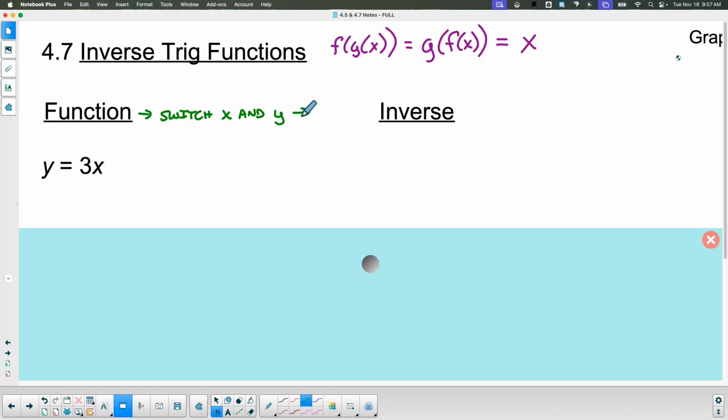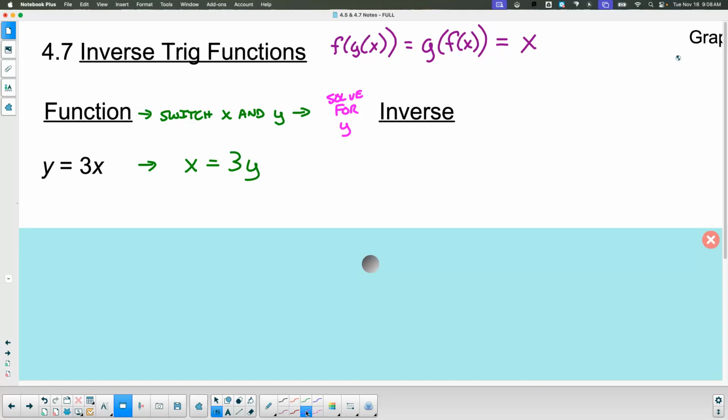So if my function is y equals 3x, if I'm going to switch x and y, that's going to become x equals 3y. Then you solve for y.